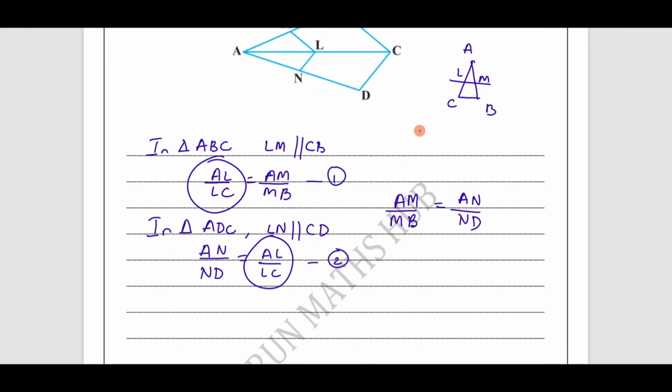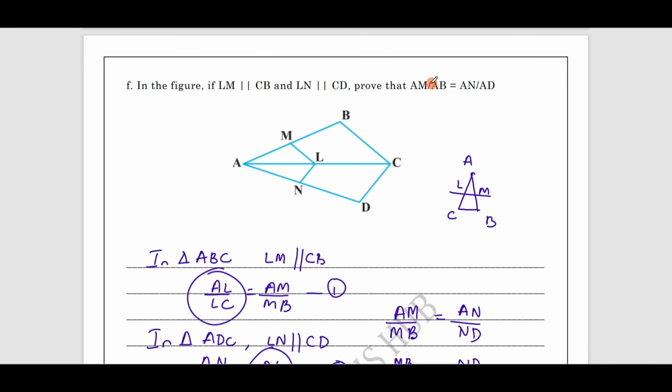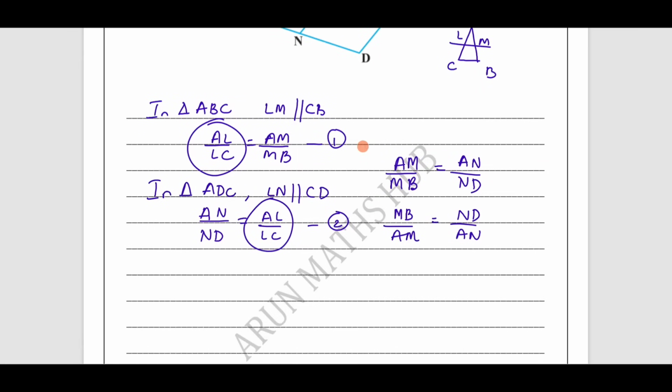Now take reciprocal. What you get? MB by AM equals ND by AN. So add 1 on both sides. Why? Because to get the side AD, complete side AB and AD. So add plus 1 on both sides. Take LCM, what do you get?